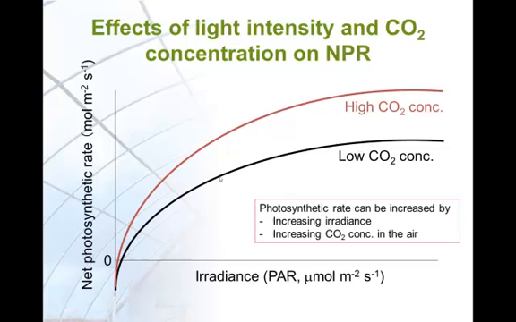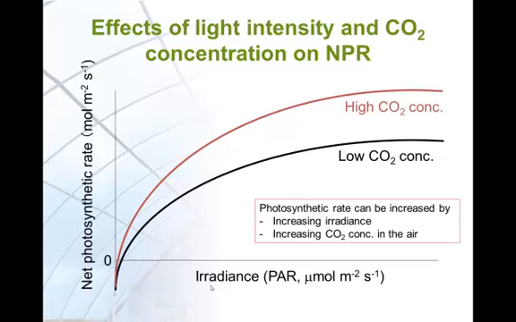And by increasing CO2 concentration, you can further increase the net photosynthetic rate at a given PAR, irradiance, light intensity. And this relationship is very important for conducting CO2 enrichment in the greenhouse, particularly during winter time when irradiance is not enough to support plant productivity.